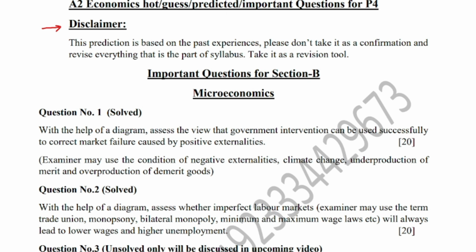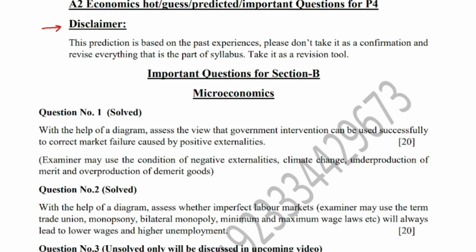For example, for positive externalities, you have to mention the possible government policies that can be used to correct market failure caused by positive externalities, and they may include subsidy, direct public provision, or awareness. These are the major policies that can be used to correct market failure caused by positive externalities.